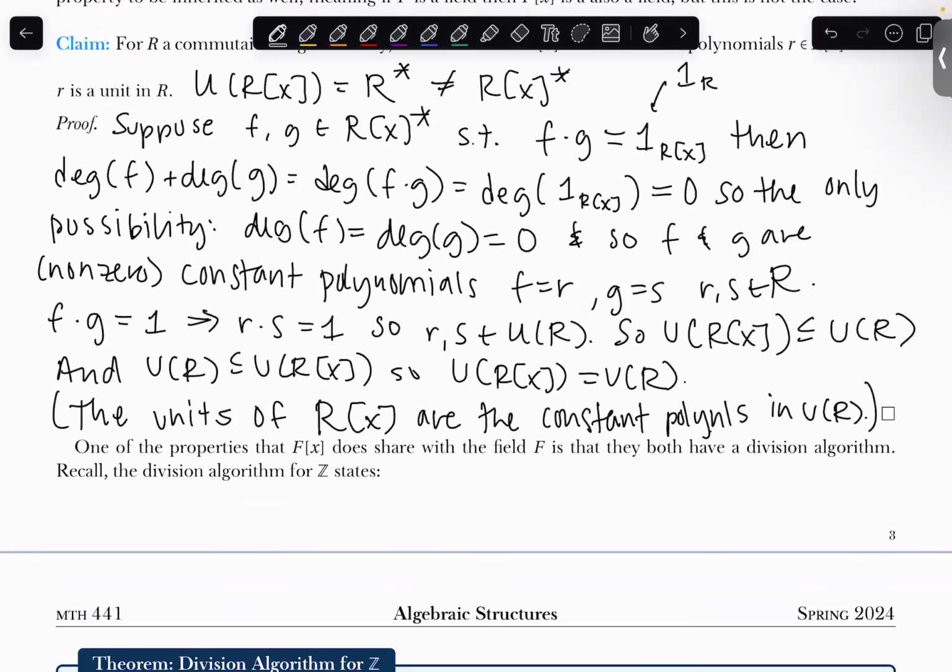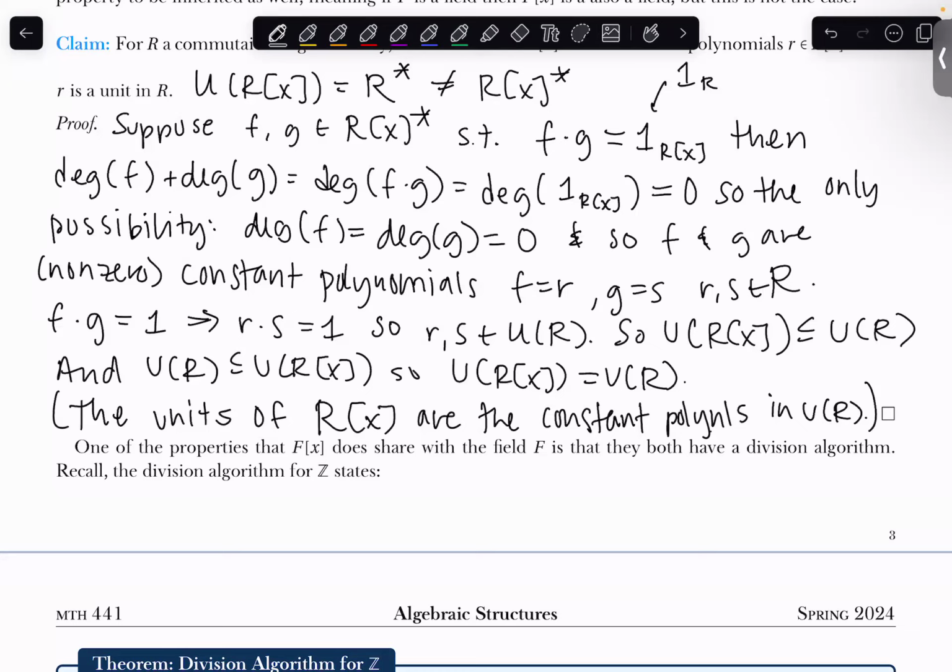Okay, but one thing that we do get is our division algorithm, and we're going to remind ourselves of what that means. Just like we've done previously, really we only did this for integers. We thought about how do we divide our integers, what's the process to figure out what they are, and how can I write this out formally. We can do this with our polynomial rings as well.